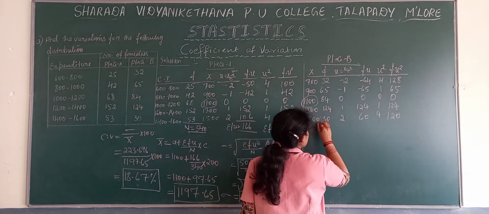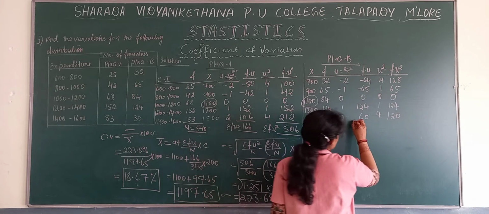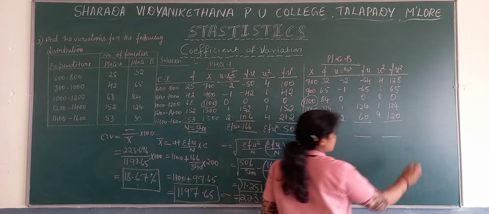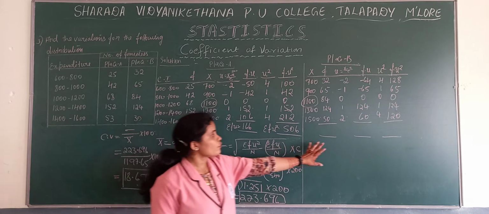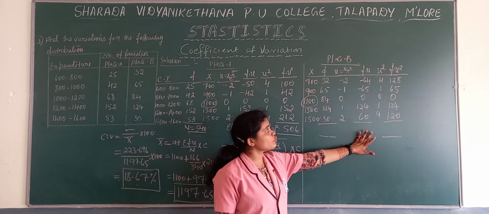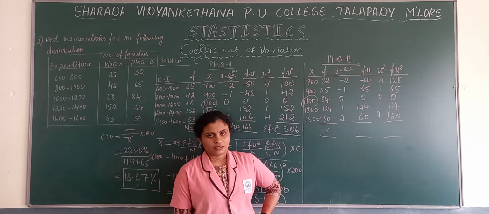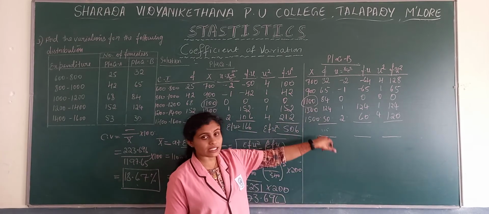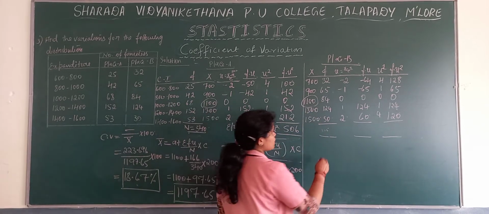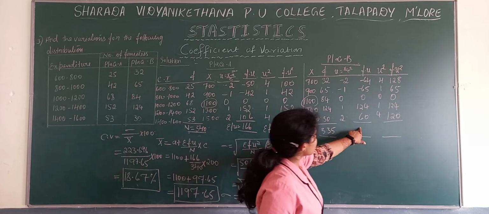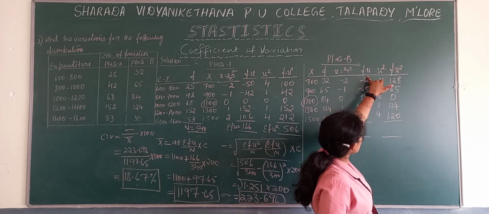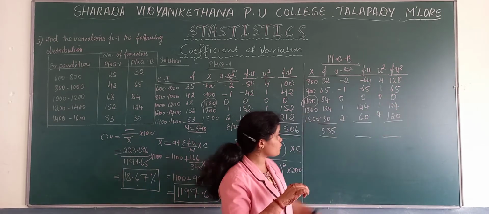So we know that, divide the values there. What are the values of frequencies, then F into U and FU square. So now when we calculate here, we get total number of frequencies as 335, and we require here the sum of FU as well as FU square.